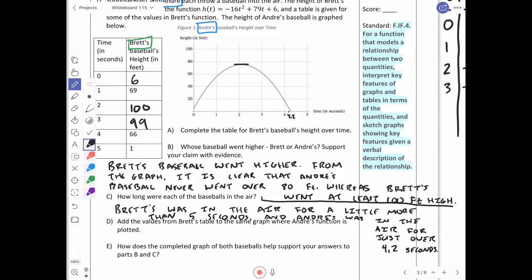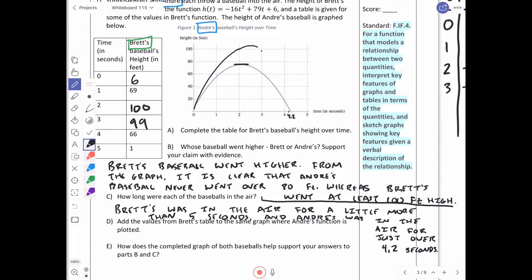Okay, and I don't think I had you do this part. This is extra on this copy of the quiz, but we would have drawn something like that, and it must have been 9.